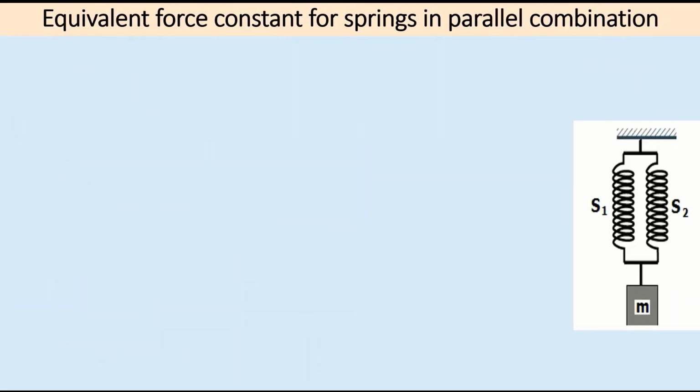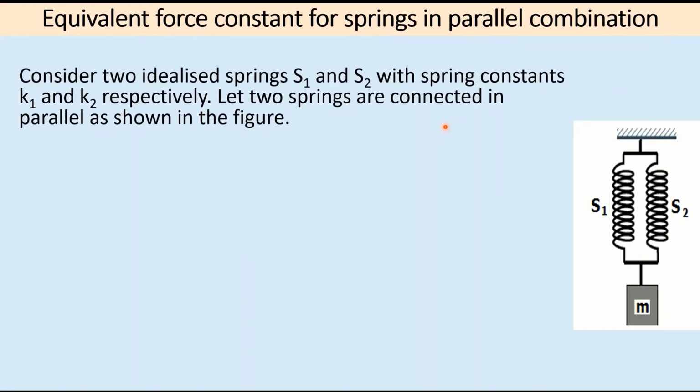Now let us consider the equivalent force constant for springs in parallel combination. Let us consider two idealized springs S1 and S2. Spring S1 has the force constant K1 and S2 has the force constant K2, and they are connected in parallel to each other and the mass is suspended here.